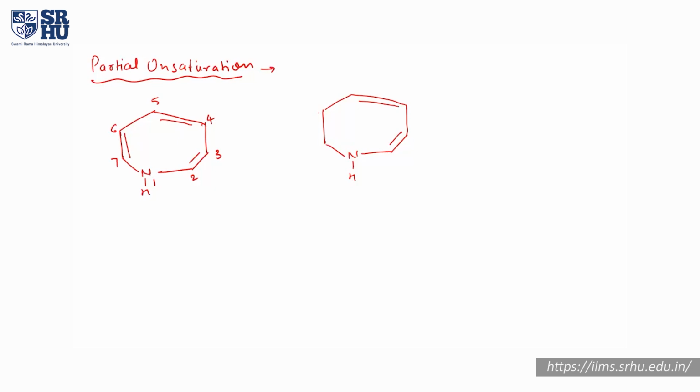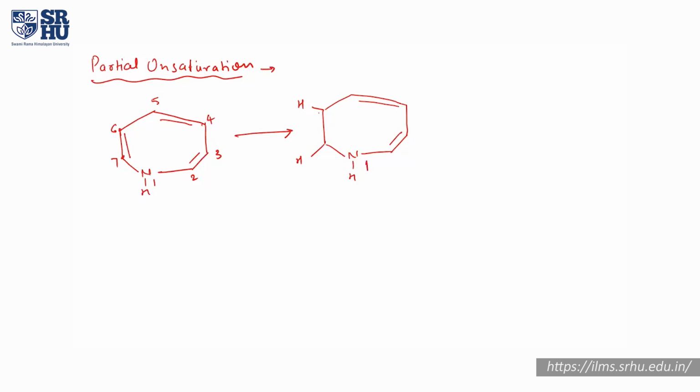Now what will be the name given to it? In this case previously there were only 2 hydrogens at the 6 and 7 positions. Now we add 2 more hydrogens at this position to reduce the double bond. I have not shown any of the previous hydrogens. I am just showing those hydrogens which are new and which have been added so as to reduce the double bond. So what we'll do is give them the lowest number.